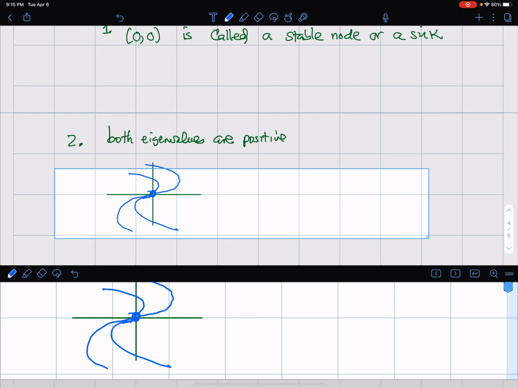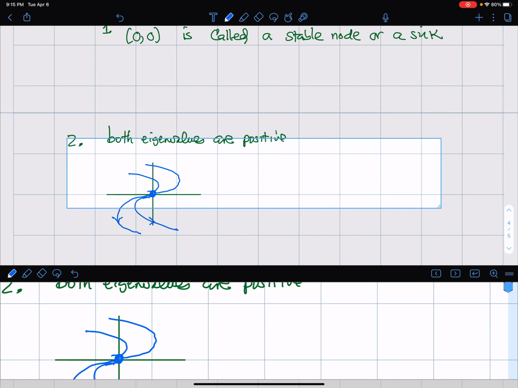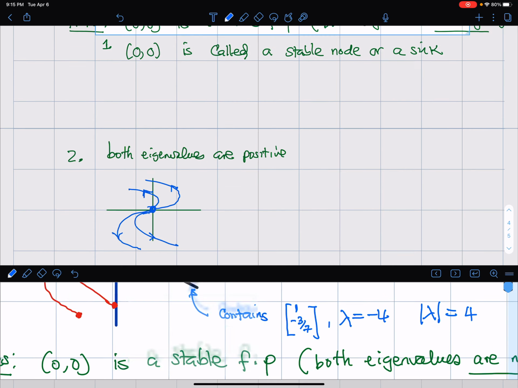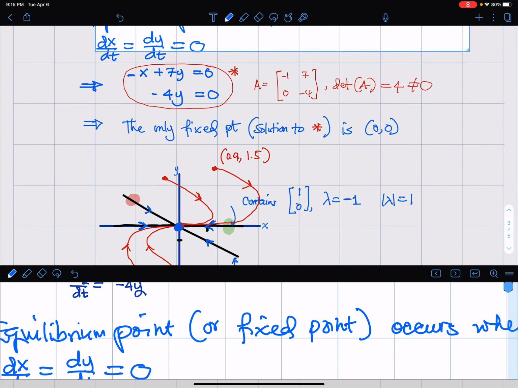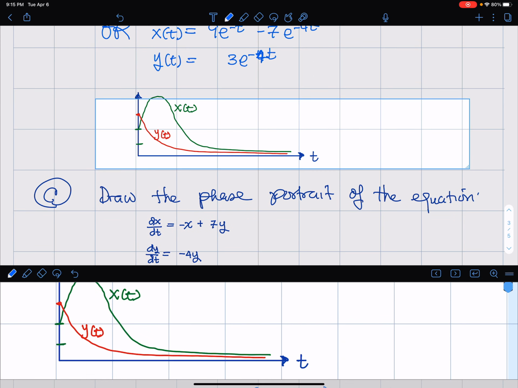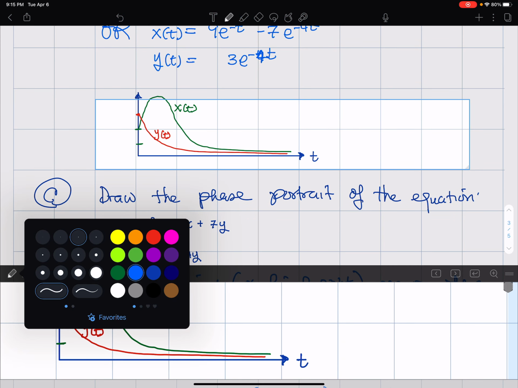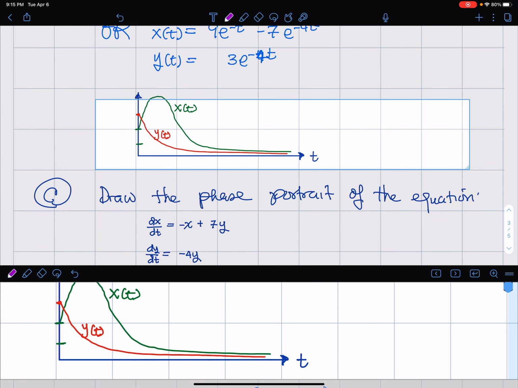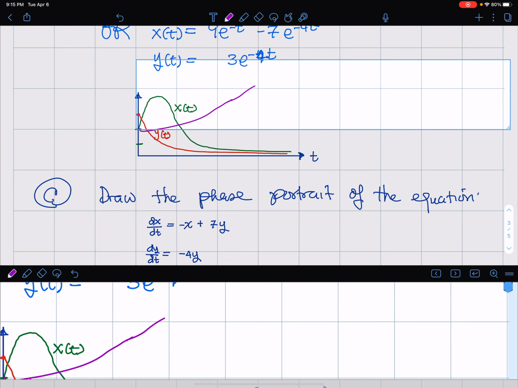But instead of pointing towards the fixed point, they're pointing away from the fixed point, because they're not going to be going to 0. Your graph will be going like this, maybe starting over here and going to infinity, something like that.